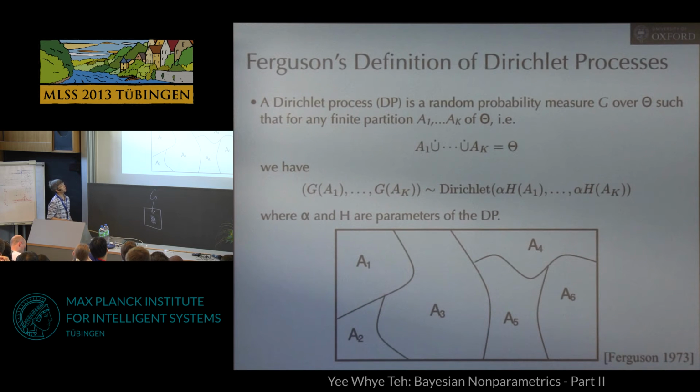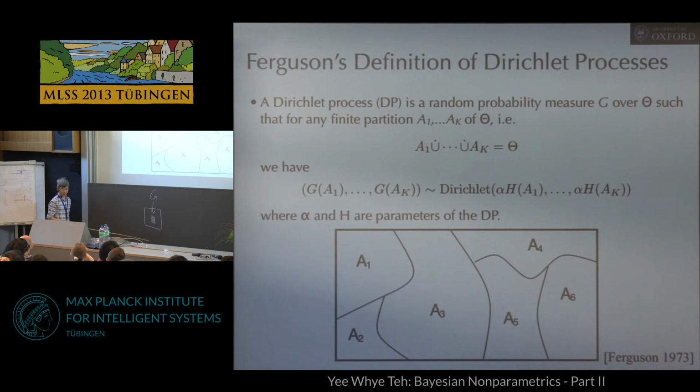He said that I would like a distribution over probability measures such that, given a partition of my space, the marginal distribution over this vector is Dirichlet distributed. And he chose the Dirichlet because it's computationally tractable.